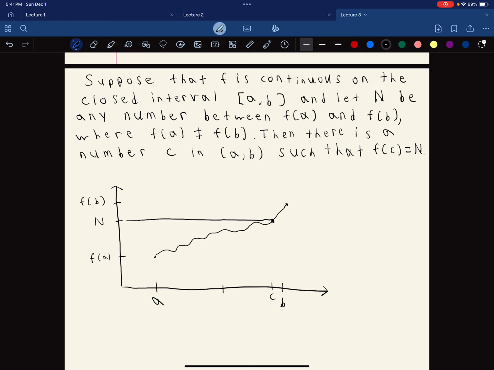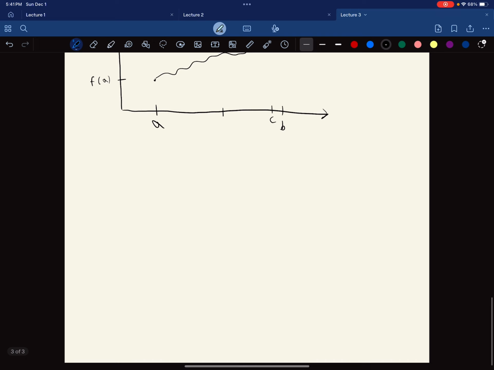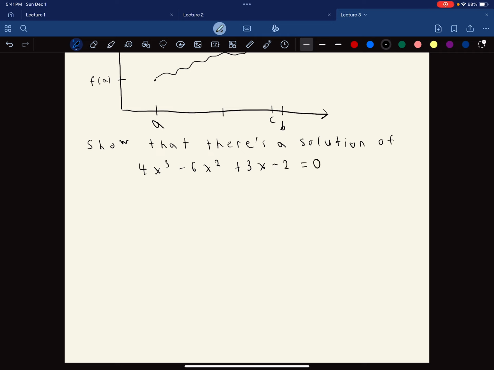Now, how is this used in tests? Typically you'll be given a question that says, show that there's a solution of, let's use this example, 4x^3 - 6x^2 + 3x - 2 = 0, and let's say it being between 1 and 2.